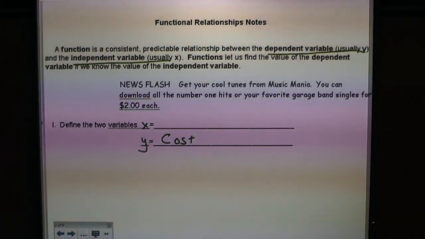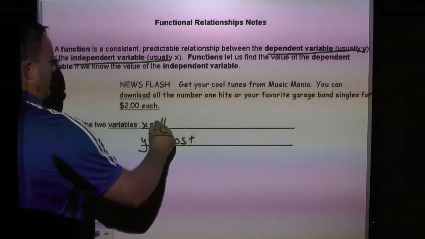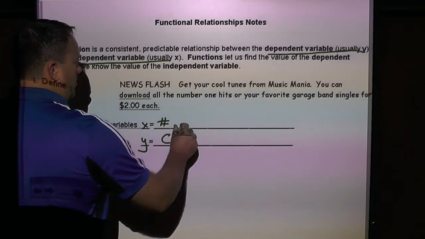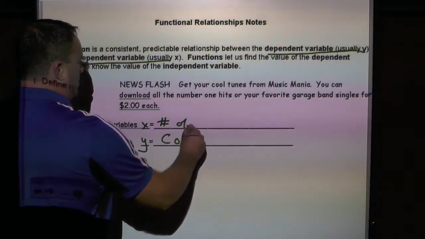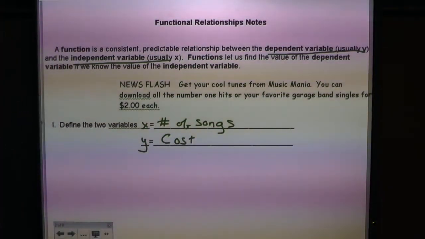It's $2. So what else don't you know? What else you don't know is your independent variable. To figure out the cost, you have to know how many actual songs you're downloading. So, number of songs.